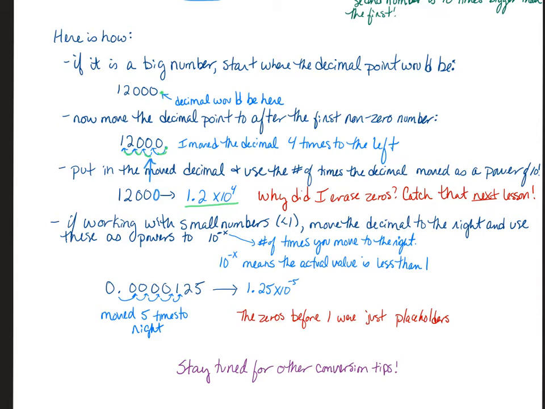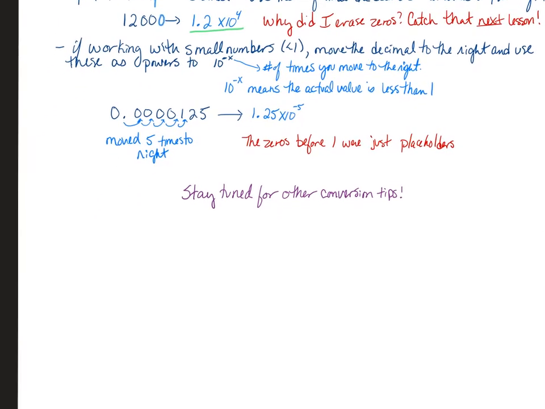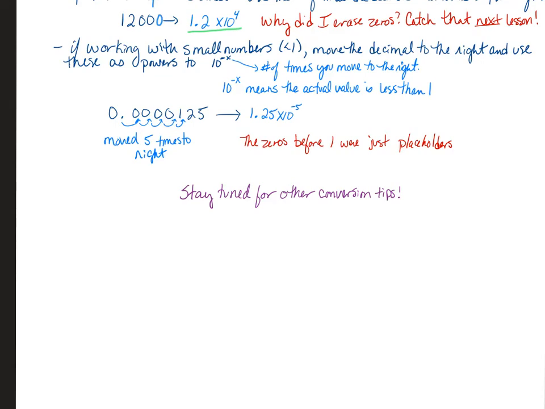On the other hand, let's say that you've got a really small number. Let's say that we have this number that you see down here below, okay? This guy. Well, what I'm going to do this time is take the decimal that's right here and move it to the right.